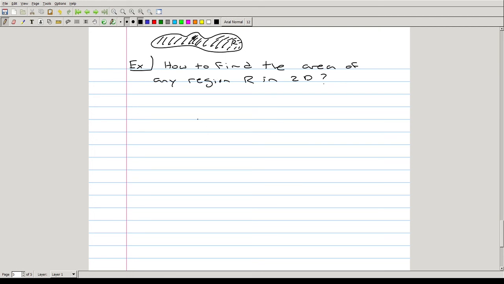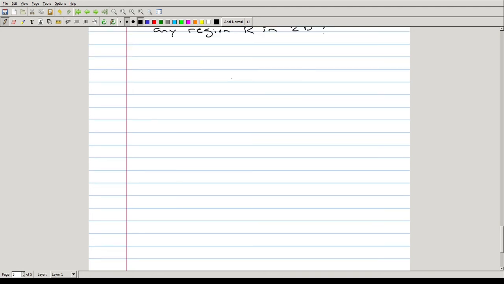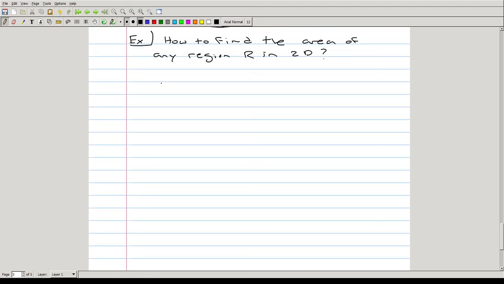But it turns out that we can prove that the area of any region R is exactly equal to the boundary, or the line integral over the boundary of that region.